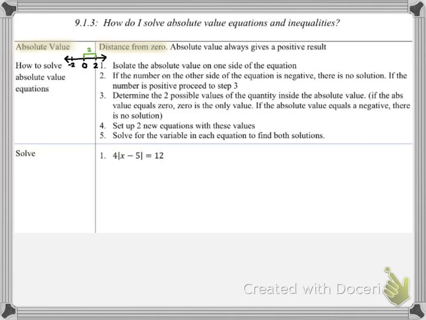The distance is 2 units away as well. So we're going to keep that in mind. You're typically going to have two different values that have a distance of whatever's given to you. In this case, the distance was 2.